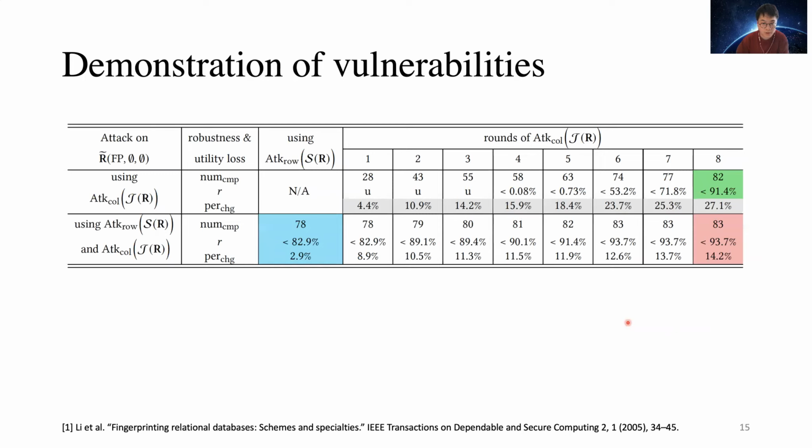This slide shows the attacking performance of the proposed correlation attack. The blue cell is the attacking result for the column-wise correlation attack. We see that it is able to compromise or destroy 82 fingerprint bits among a total of 128, at a cost of only less than 30% of entries being changed in the fingerprinted database.